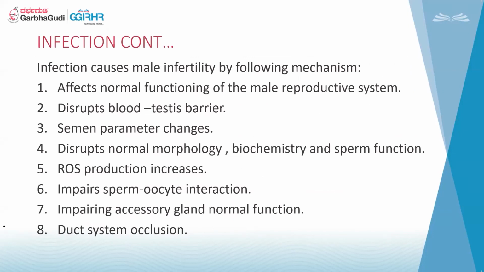So infection causes male infertility by the following mechanisms: it affects the normal function of the male reproductive system, disrupts the blood testis barrier, changes semen parameters, disrupts normal morphology, biochemistry and sperm function, causes excess reactive oxygen species production, impaired sperm oocyte interaction, impaired accessory gland function, and duct system occlusion.